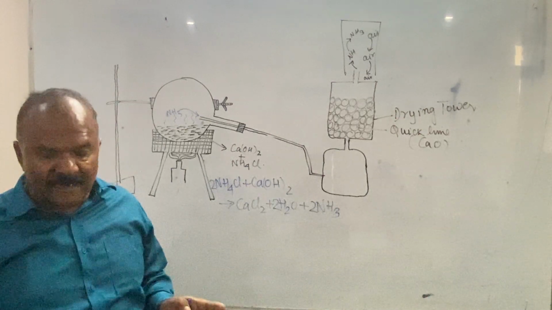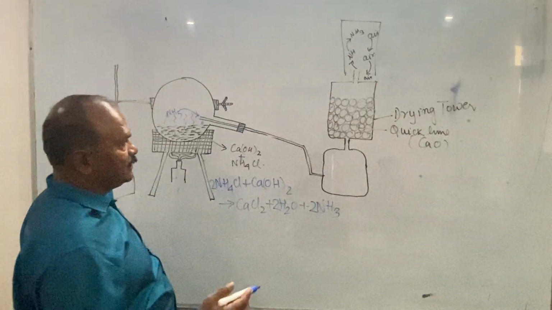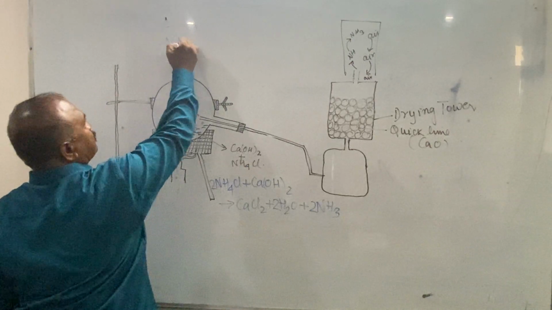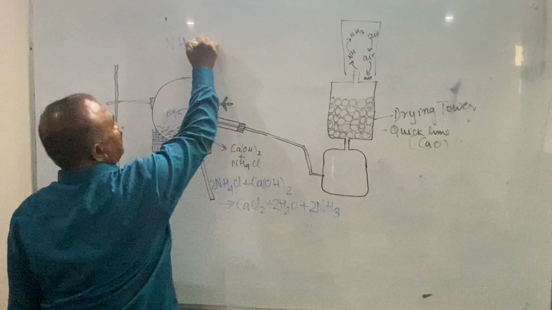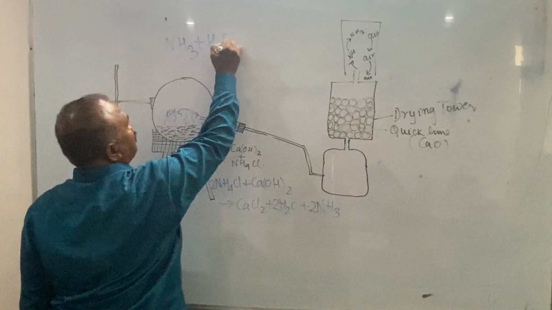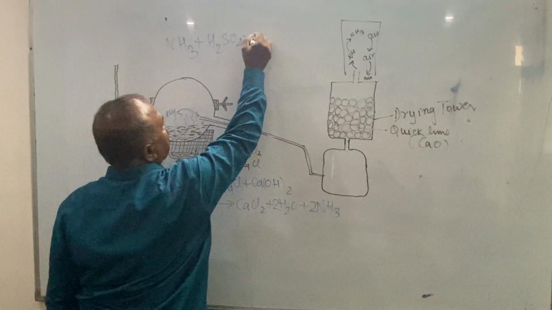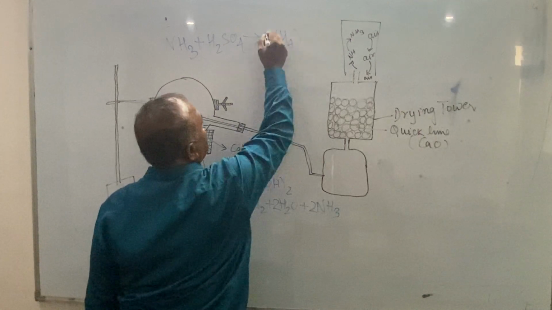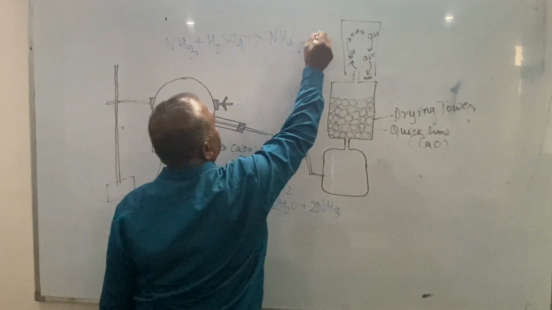So they will react and form ammonium sulfate. This will be the reaction: NH3 plus H2SO4, they will react and form (NH4)2SO4.